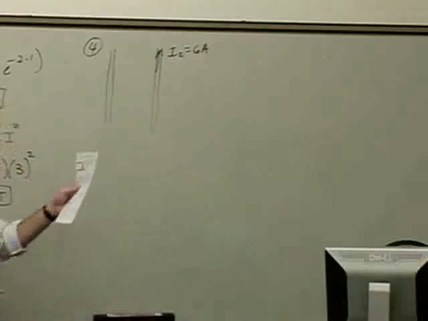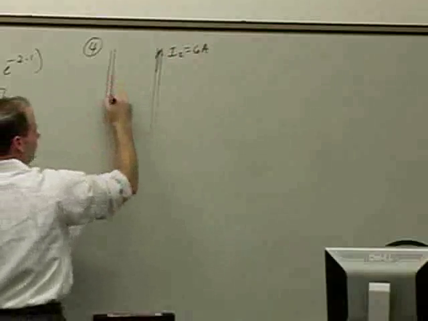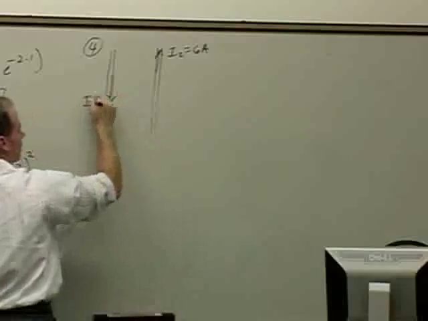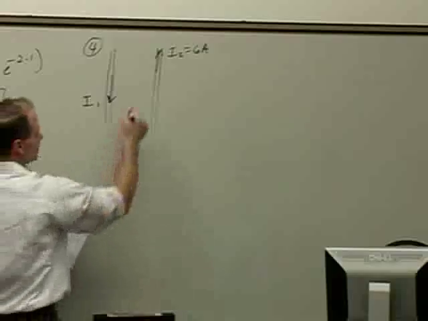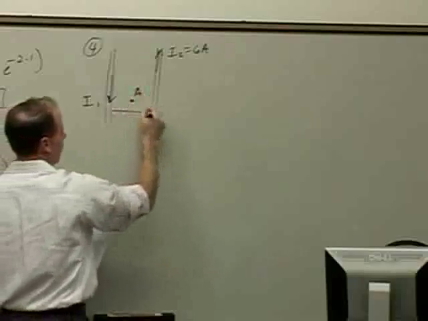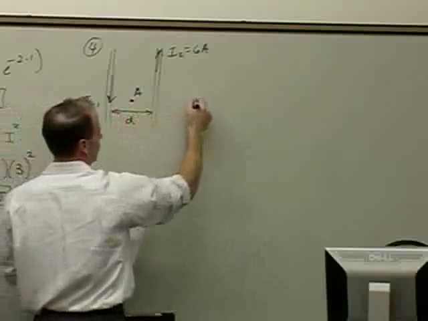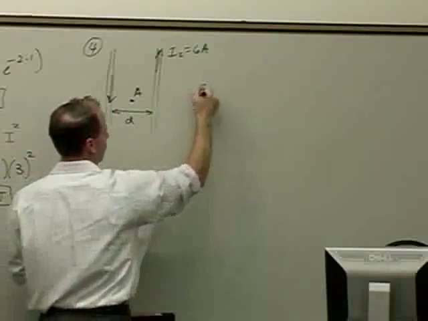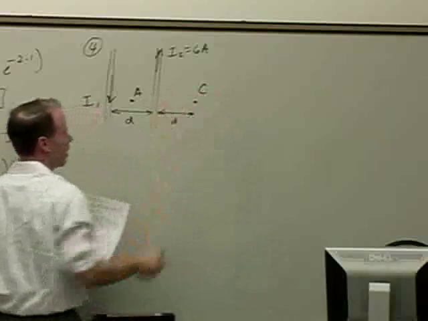Two wires, we'll say I2 is 6 amps going up like that. And we'll say I1 is this current, which we don't know what it is. Here's point A, midway between the wires, and the distance between the wires is D. And here's point C over here, which is also a distance D away from the second wire.